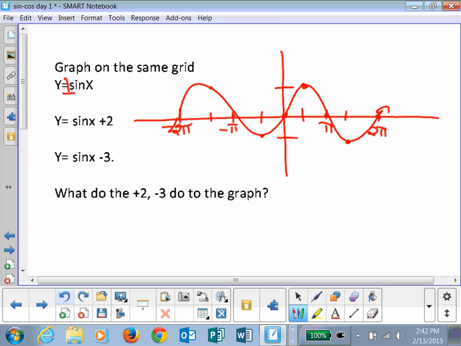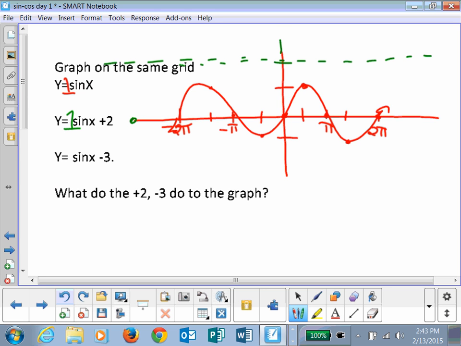All right, so for the next one, this center line, which is at 0, is going to get bumped up 2 units. So my center line is up here now. And from that center line, my amplitude is still going to be 1.